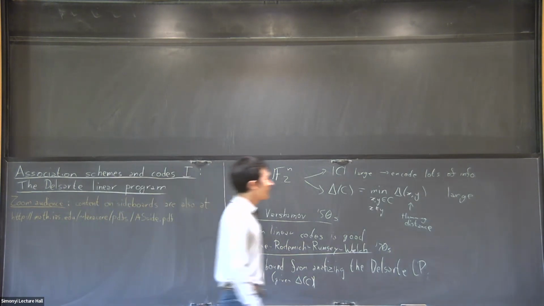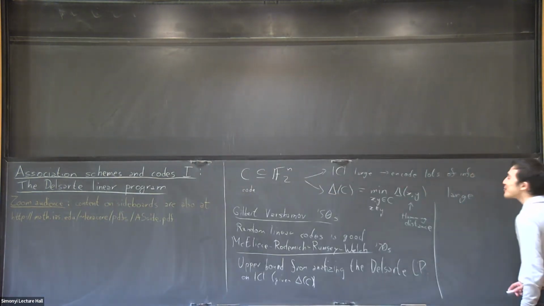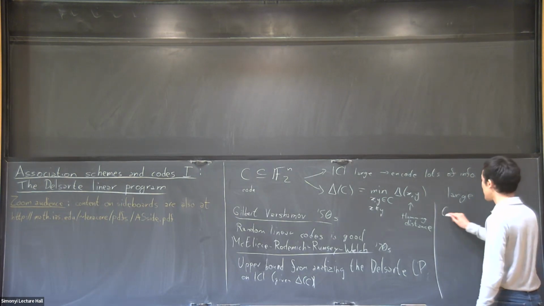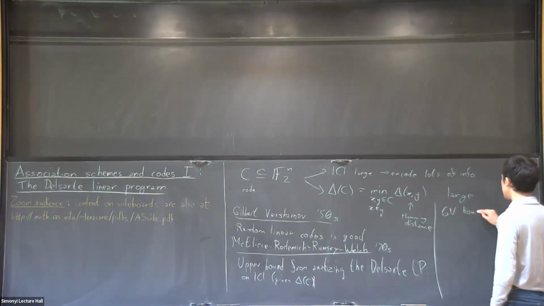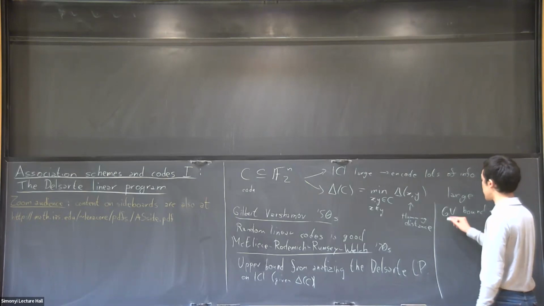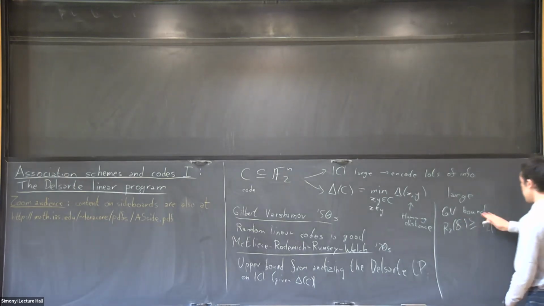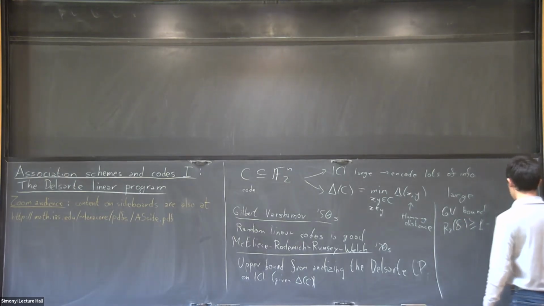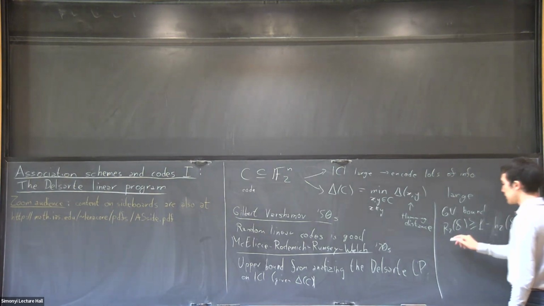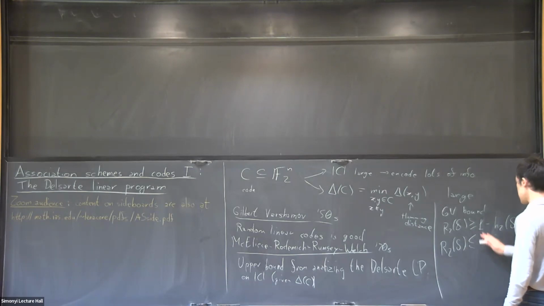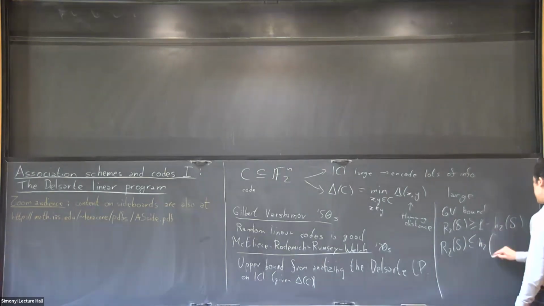Sure, I can. I was trying to avoid writing, but since you want me to: the lower bound, the GV bound, says that the rate of a code is at least 1 minus the entropy of delta, and the upper bound says it is at most the entropy of 1/2 minus square root of delta minus delta.